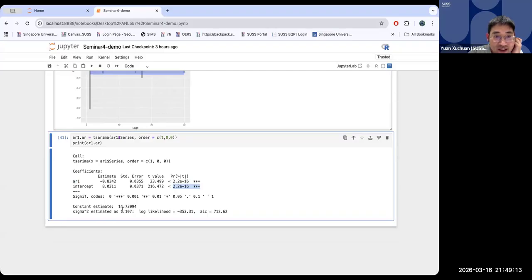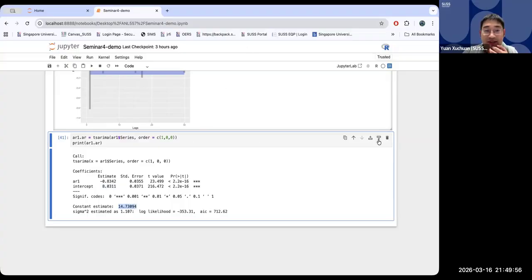The intercept. But here you need to be very careful. Here we have an intercept, and here we have a constant estimate. This one refers to the mean of the time series, while that one refers to the constant in your AR model. So you must be very careful.